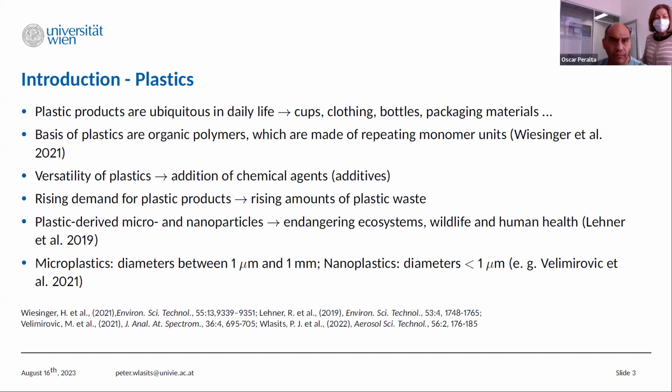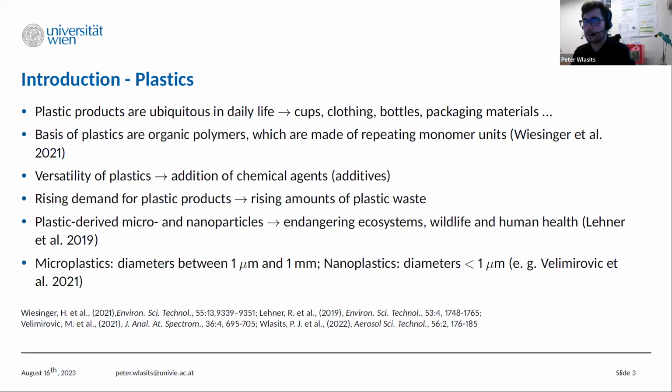Why this class of material is so successful is because it's versatile. That versatility also arises from the option to add chemical agents, called additives, that can be softeners, flame retardants, etc. During the last decade, there was a rising demand for plastic products, and if these are not properly handled, there is also a problem with the rising amount of plastic waste.